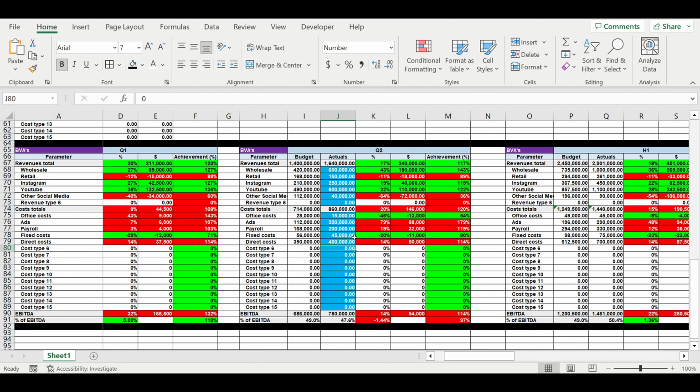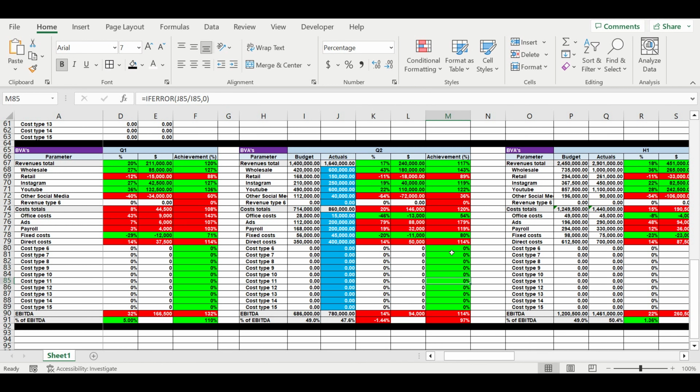And here we can see the final results for conditional formatting, what is good and bad for revenues and expenses. Everything is highlighted with good colors, bad colors.